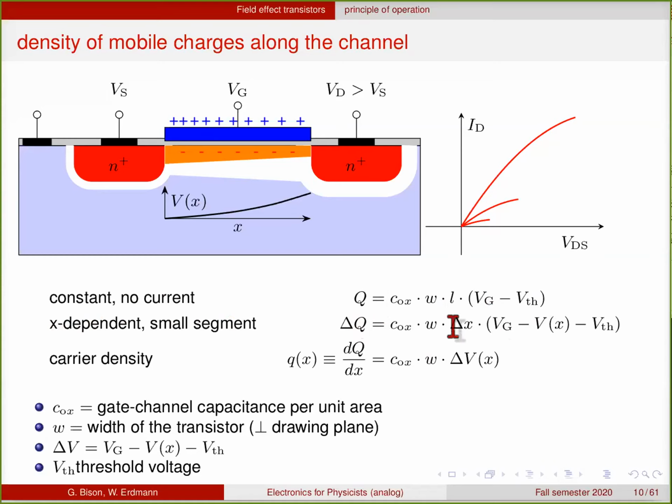So we replace L by delta x, if delta x is the width of this segment, and the effective potential is no longer V gate, but V gate minus V(x), which is the potential in the channel. Then dividing this by delta x and going to a differential gives us the carrier density, which is the oxide capacitance per unit area multiplied by the width of the channel and this difference here.